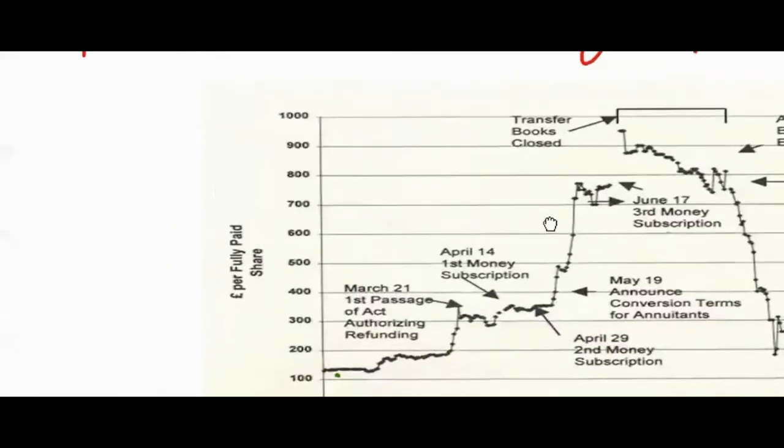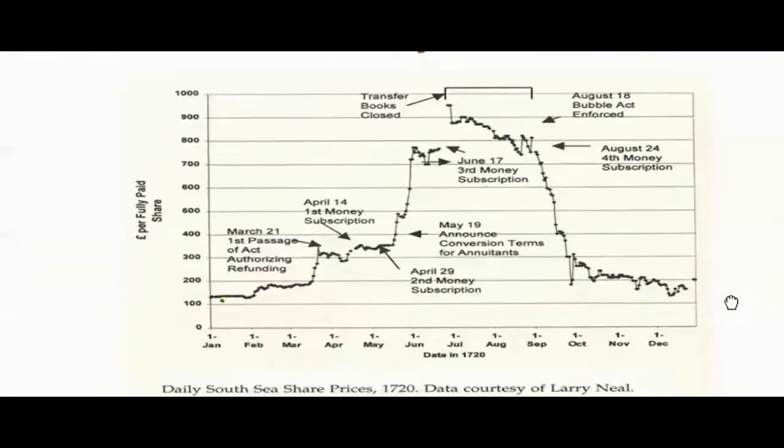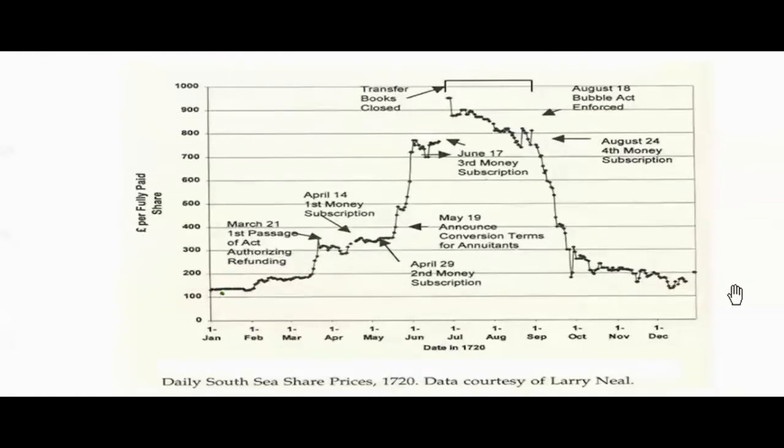Let's take a look at another example, and this is called the South Sea Company. This is the share price of this company. It wasn't a UK company at the time, when the United Kingdom or Britain at that time had some war down there in the South Sea, basically where the Atlantic or the Pacific Ocean is.